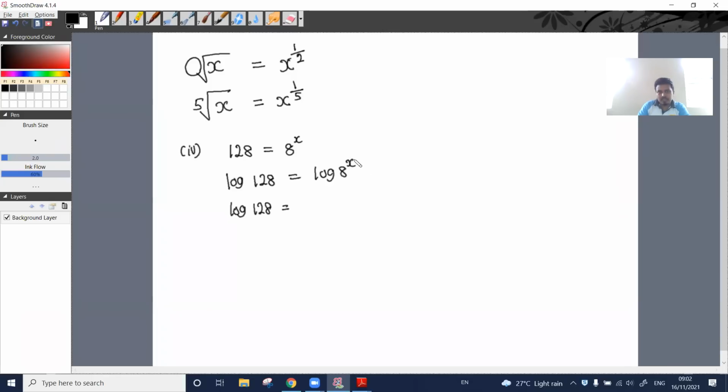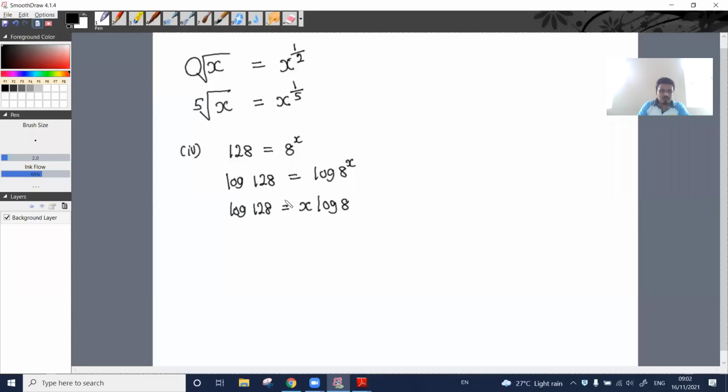So here the power value is x. So I will bring it to the front. x into log of 8.